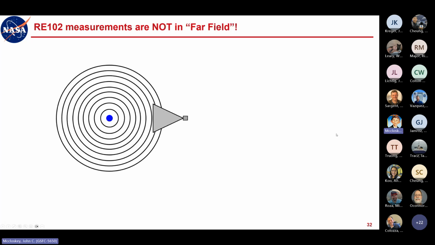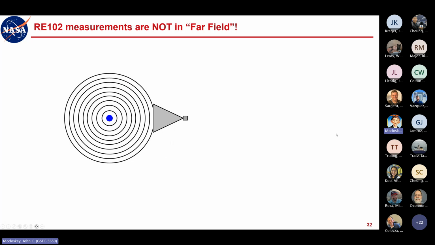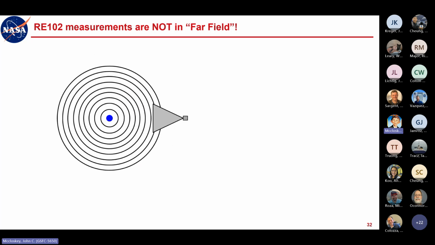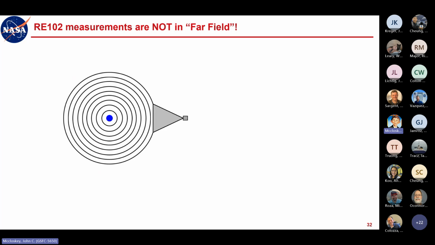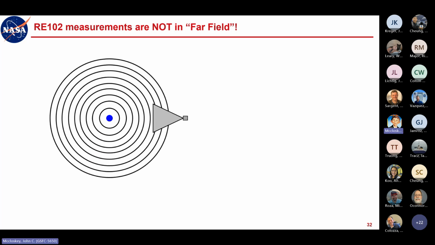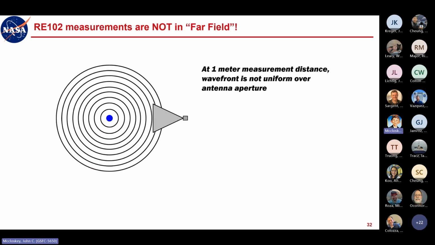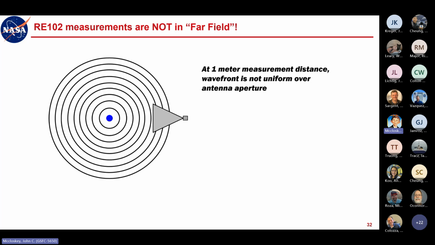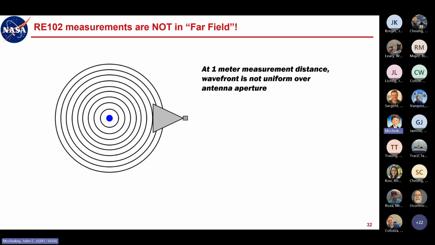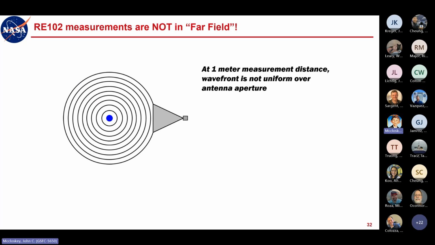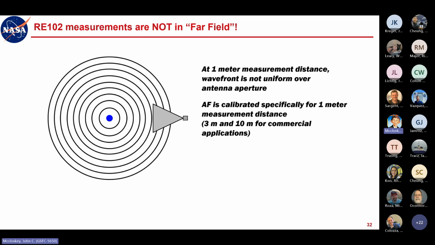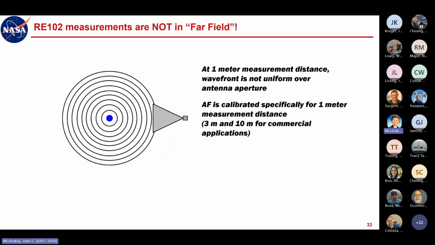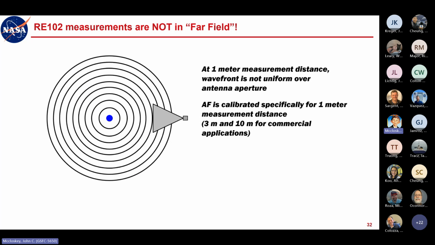For RE102, we are not. When you have an antenna with significant dimensions that is 1 meter away from a source, you are not in the far field. Right? That wavefront is not uniform over the antenna aperture. It is still looking like an expanding spherical wave. And so the antenna factors are calibrated specifically for 1 meter measurement distance for these different measurement antennas.